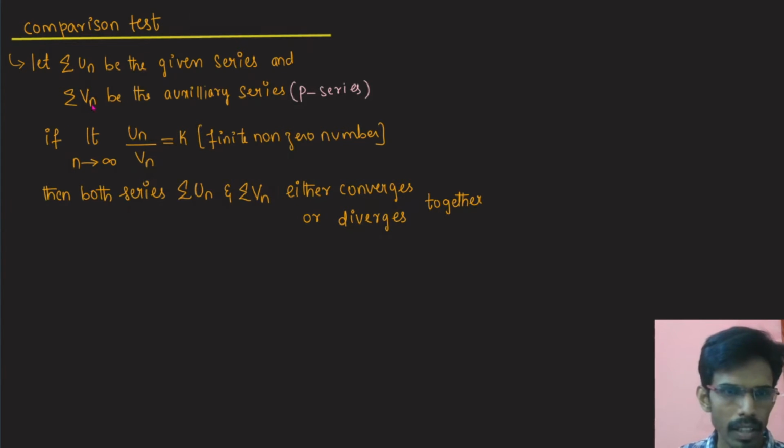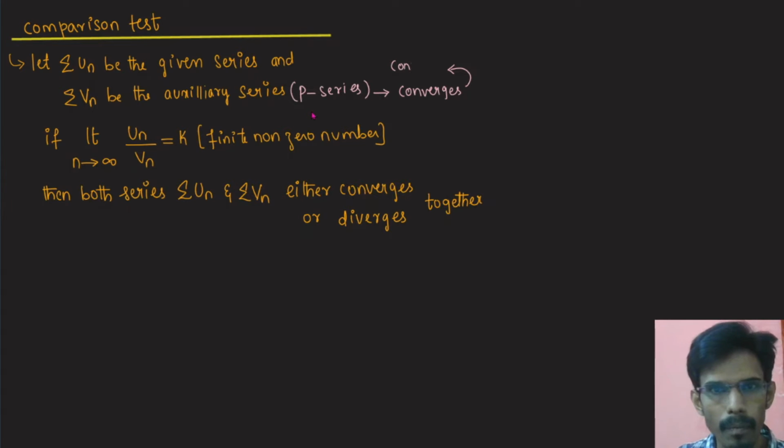It means that if this sigma vn converges, then automatically sigma un also converges. That is the comparison test.